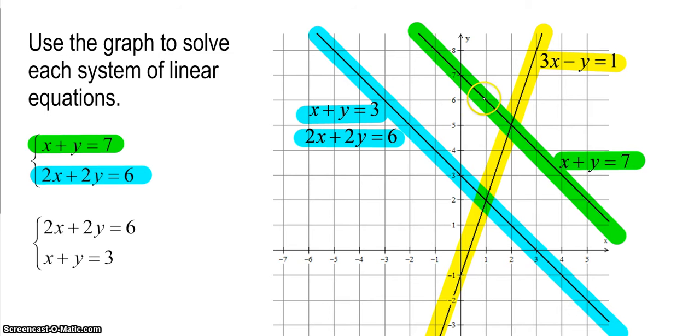So I look at this and I say the green line is going up 1, left 1, up 1, left 1 like stairs. The blue line is doing the same thing, up 1, left 1, up 1, left 1. So I could justify that these two lines are parallel, therefore they will never intersect.